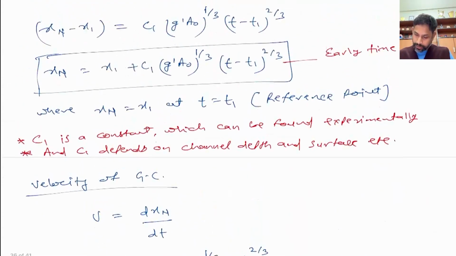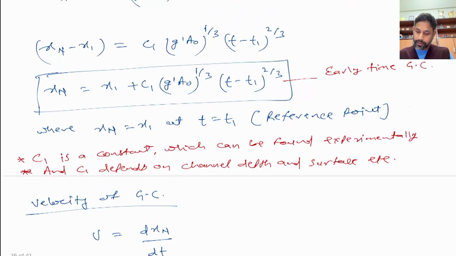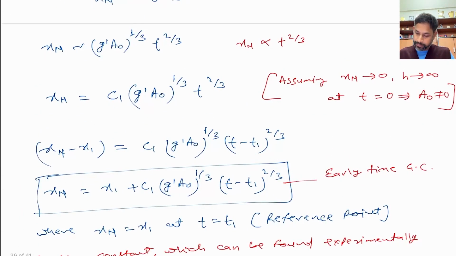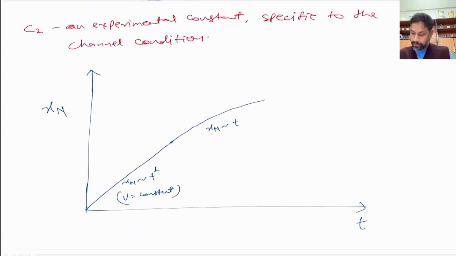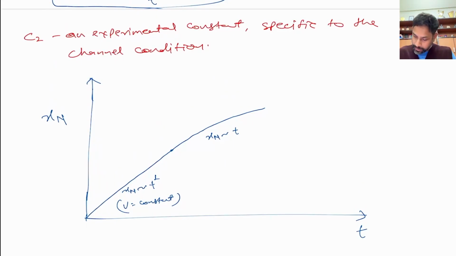That is the velocity, and this is t to the power 2 by 3, right? So xn is now increasing with a factor of 2 by 3, and then basically xn is not really increasing much with t, so velocity is basically decreasing.